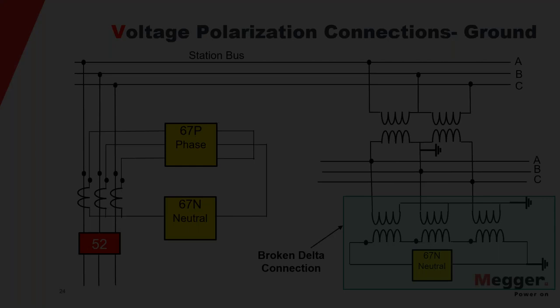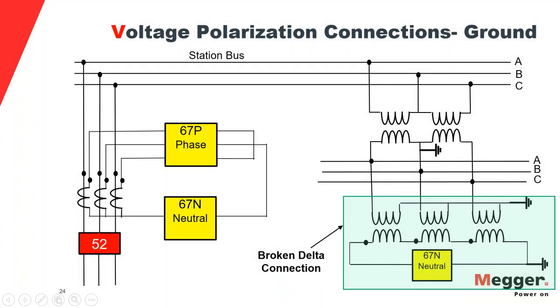Yeah, the broken delta is, you see the connections here, I have my PT connected in open delta fashion from the station bus to the low voltage bus, and this is B phase grounded, and then from the low voltage bus, this is how my PTs are connected. The primary side of the PT is Y connected, but the secondary side is connected in what is called open delta.